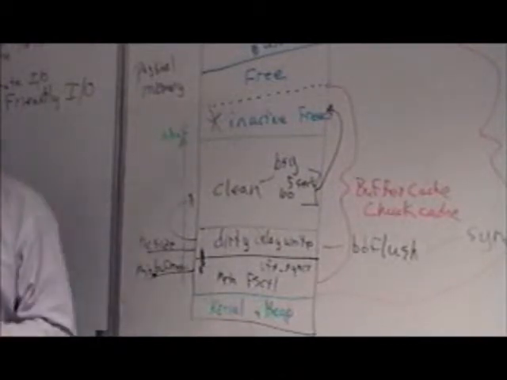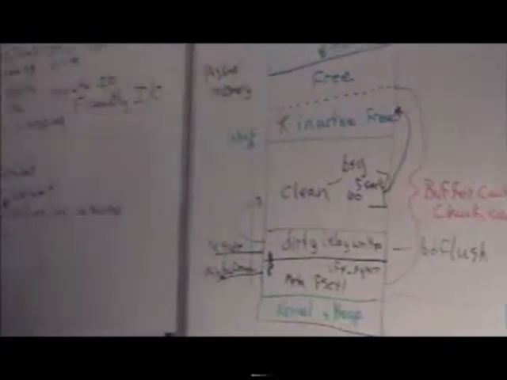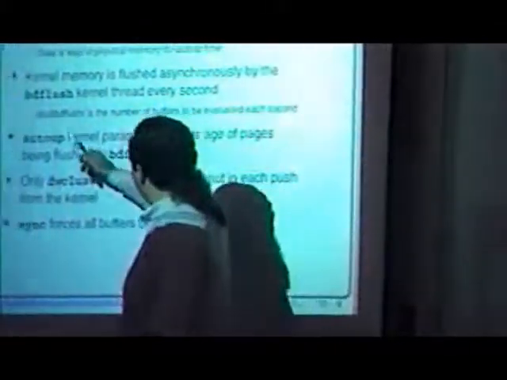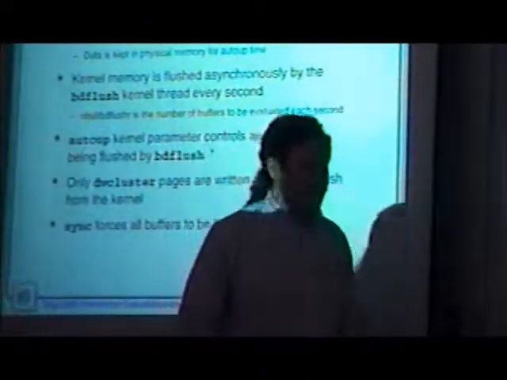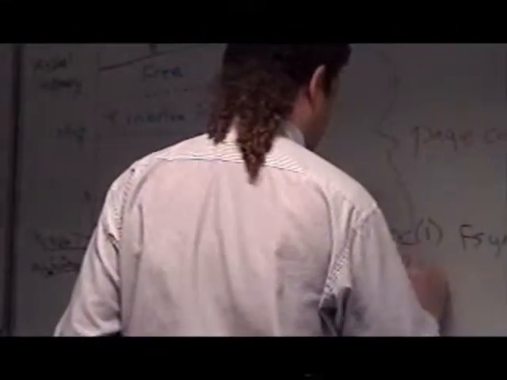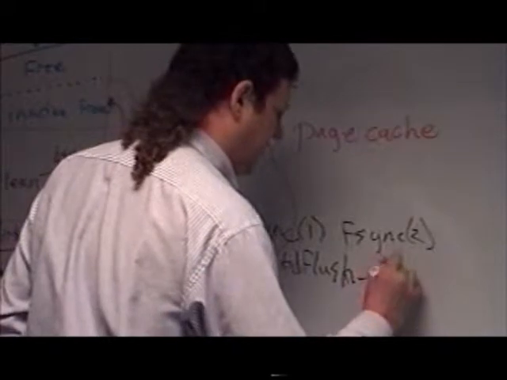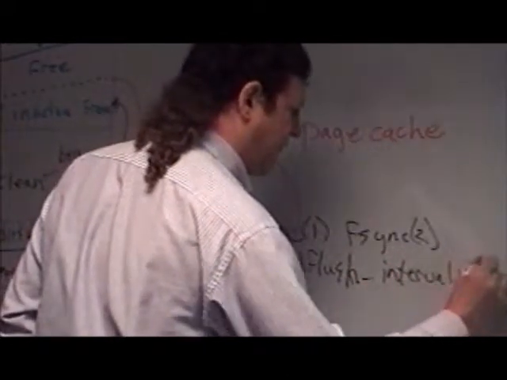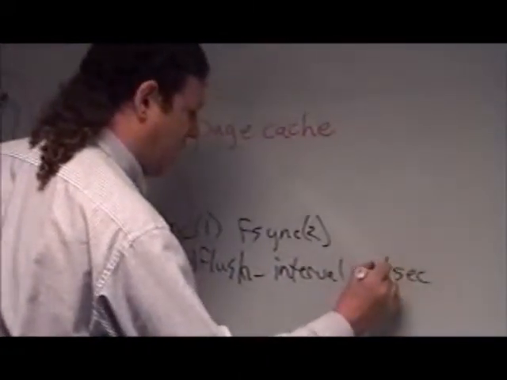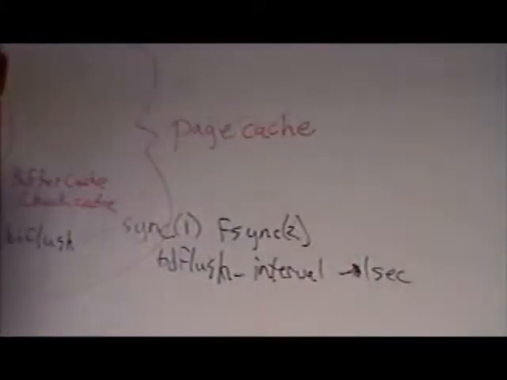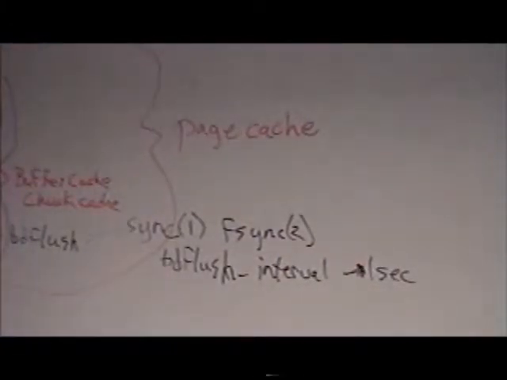So BD flush has parameters to control it. And one of them is called, well, there's one not marked here right now, BD flush interval. So bd_flush_interval, by default, it's every second. How often do I wake BD flush up? For Ccache people, we're doing every 2 minutes.